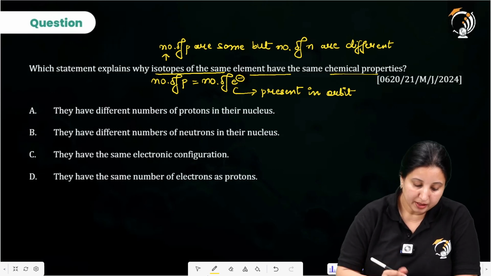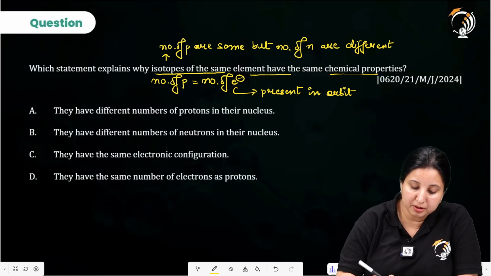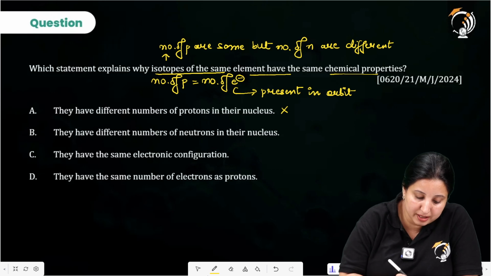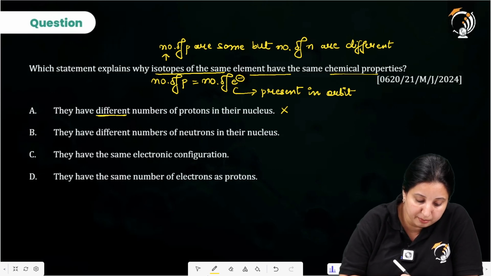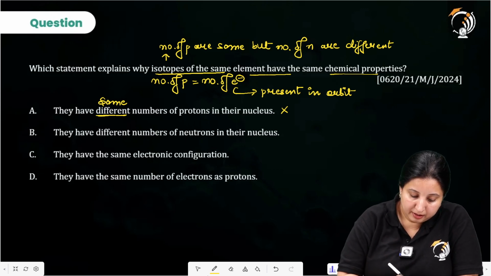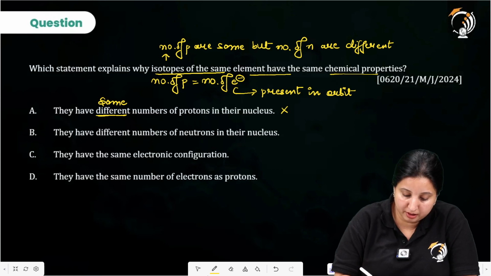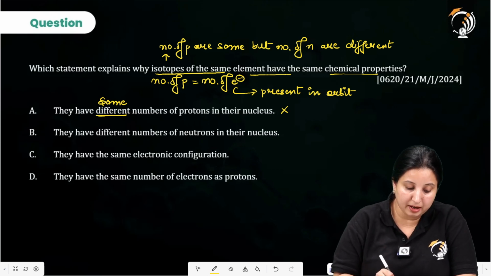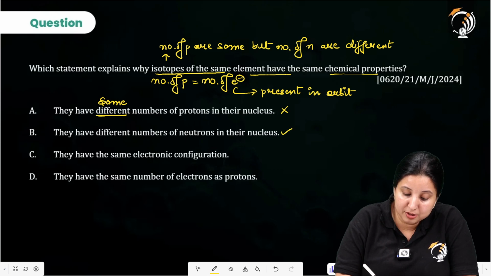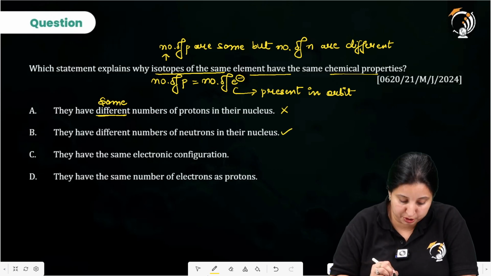So let's see, they have different number of protons in their nucleus. This is an absolutely wrong statement, because they do not have a different number, but they have the same number. Then they have different number of neutrons in their nucleus. This statement is correct, but it is not correct with respect to our question.